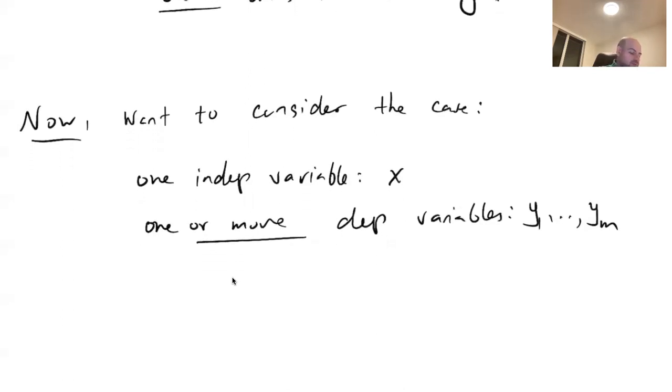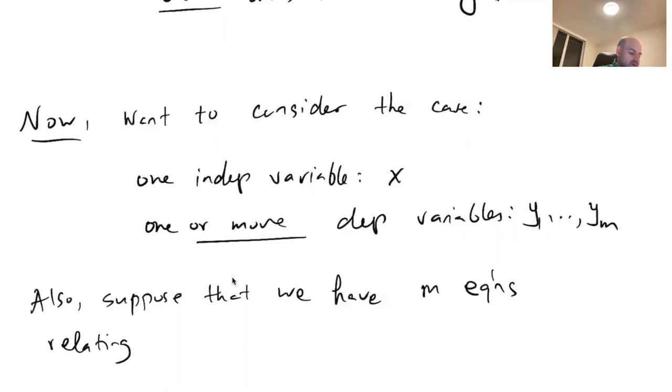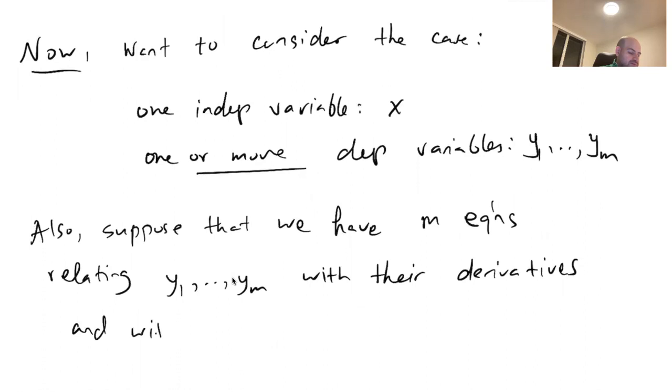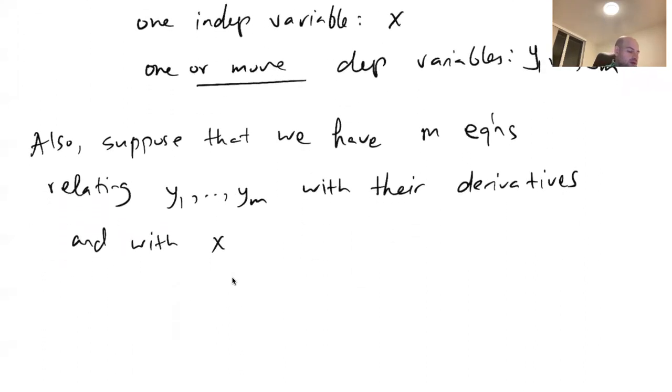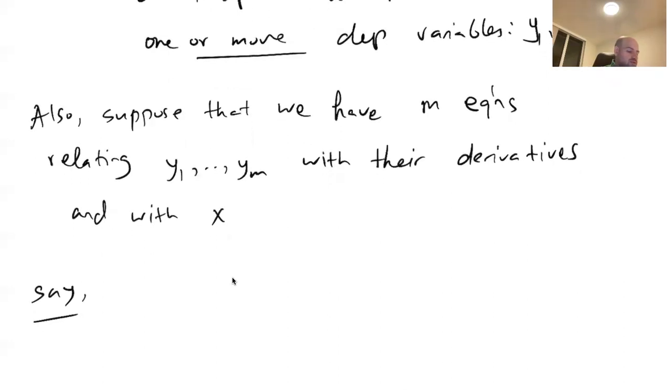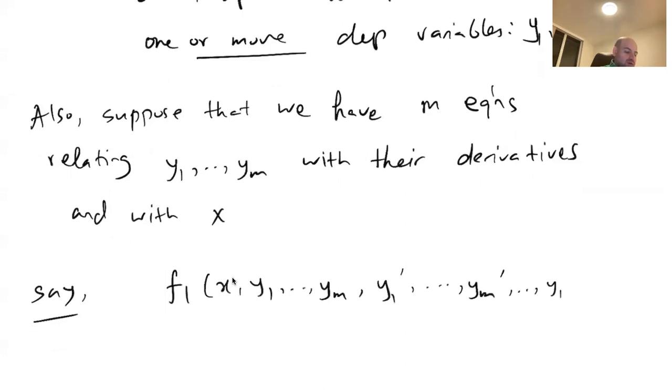So suppose that we have, let's say, M equations relating these functions Y1 to Ym with their derivatives and with X. Let's say we have M equations of the form, let's say, F1 of X and Y1 to Ym and Y1 prime to Ym prime, and Y1 nth derivative to Ym nth derivative equals 0.